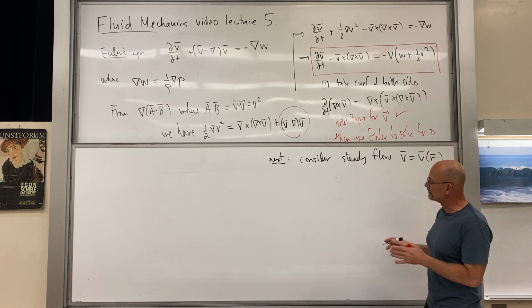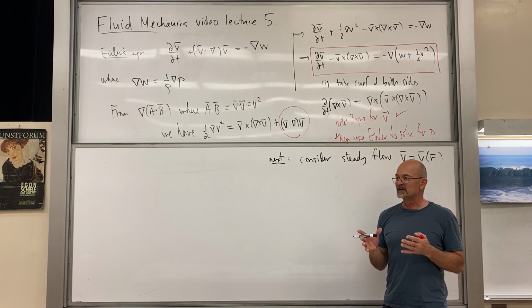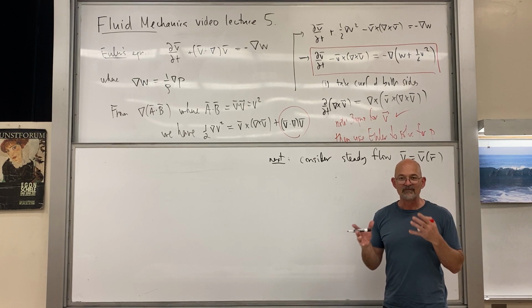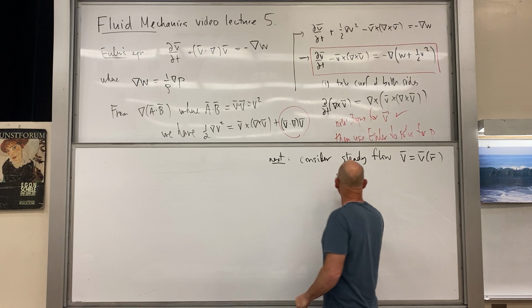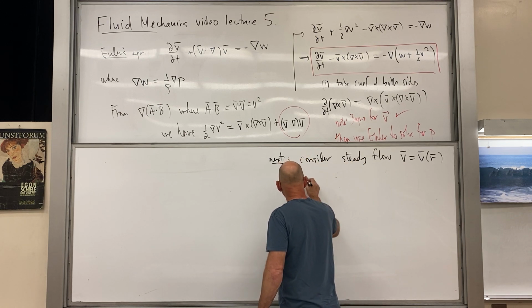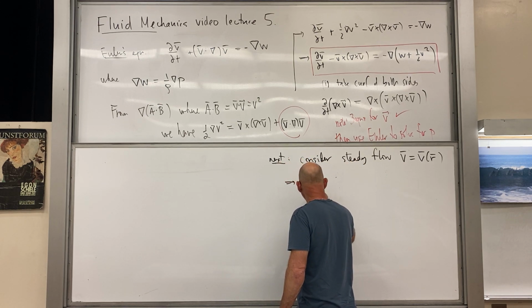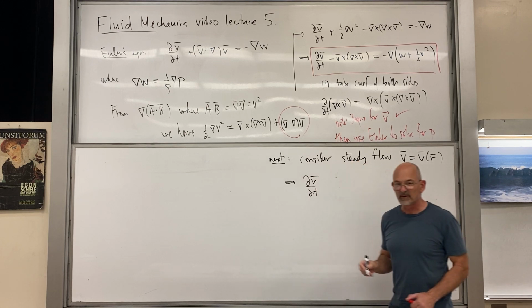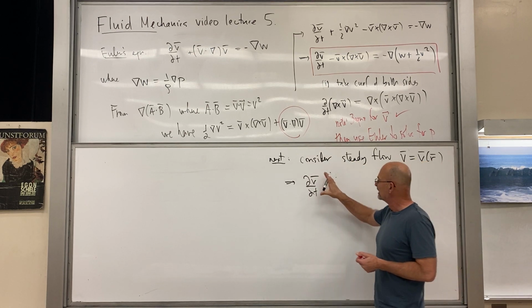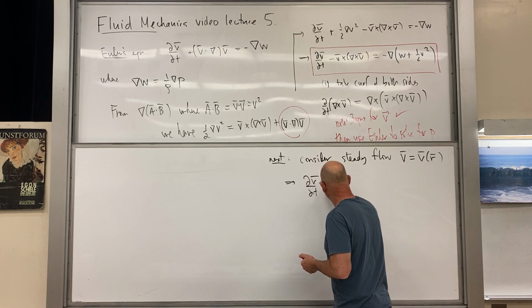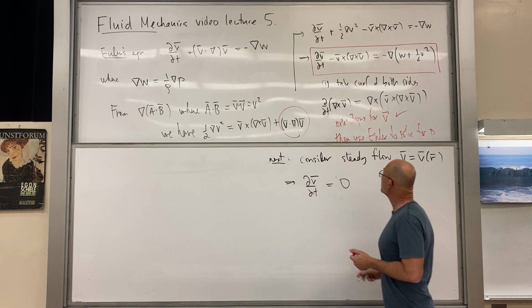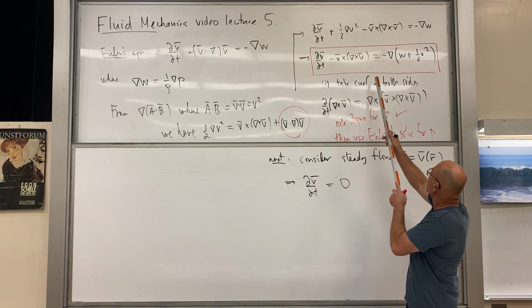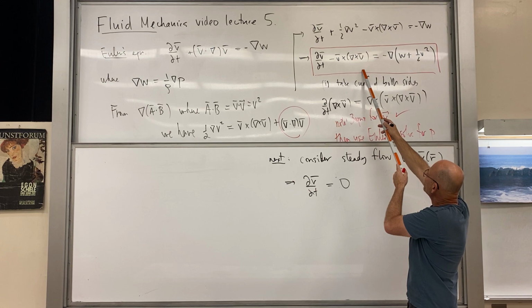Okay. So a steady flow you can just think of as a time-independent vector field, which means that the partial dV dt, just like in fluid statics, by the way, which we already talked about, is equal to 0. And we'll go ahead and look at this equation here again.